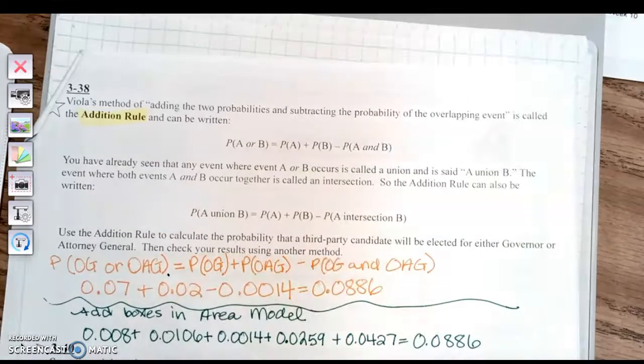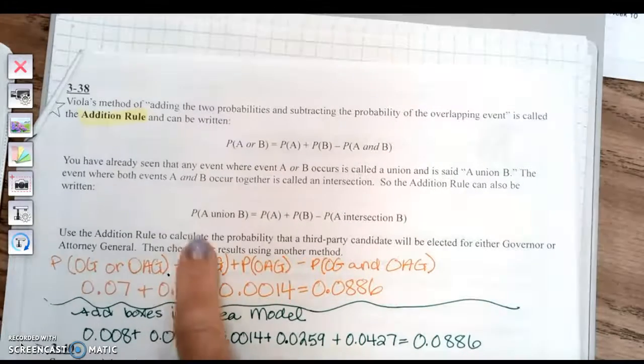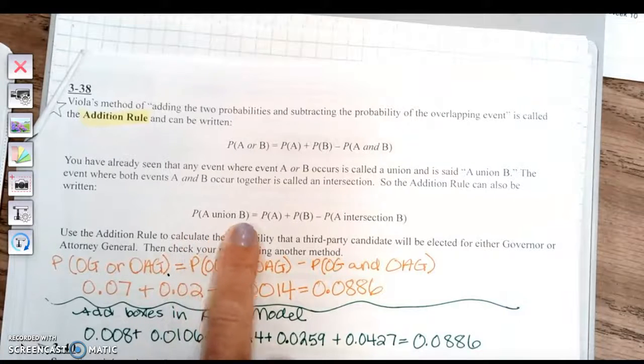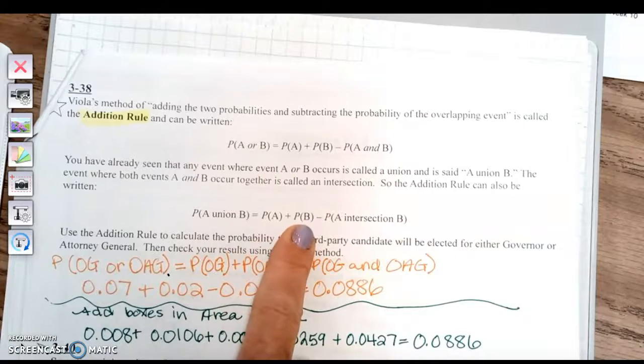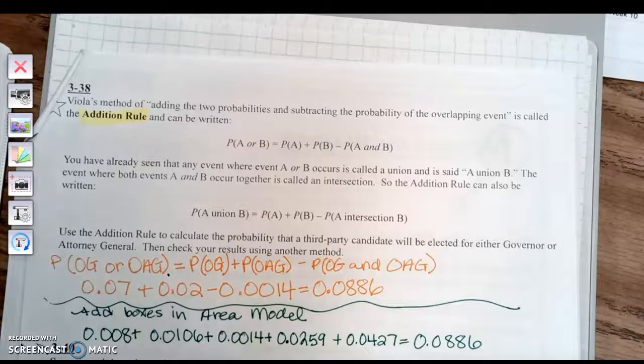Best example of it is on page 9, where we shaded the column and the row, and we had double shading in their overlapping. So the addition rule can also be written as the probability of A union B is equal to the probability of A plus the probability of B minus the probability of A and the intersection of B.